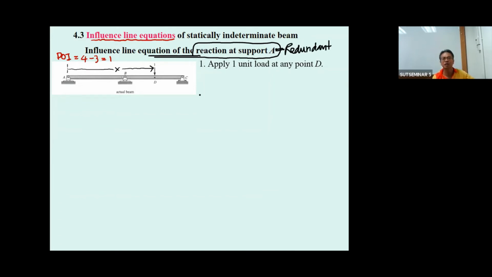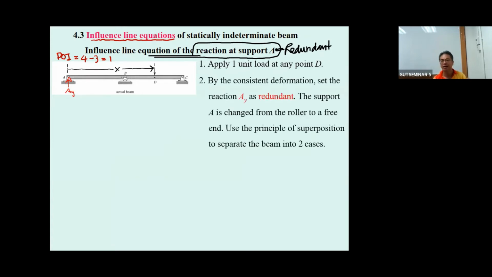If you push this one as the redundant, again from the previous one, you may take the roller out and put the A sub y like this. Okay, this is going to be the redundant, and then you can use the A sub y as the redundant, and you can draw the picture.